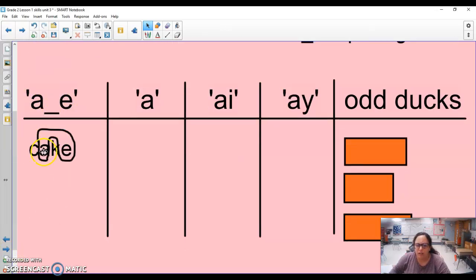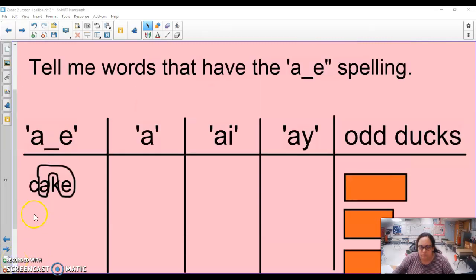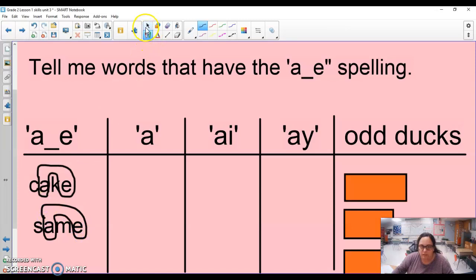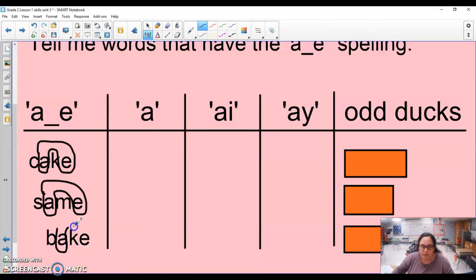Okay? So we have A consonant E, cake. Can you think of any other words that are spelled with an A consonant E besides cake? So we could put same, and remember the A consonant E says A. We could put bake, and the A consonant E says A. And there's many more words.